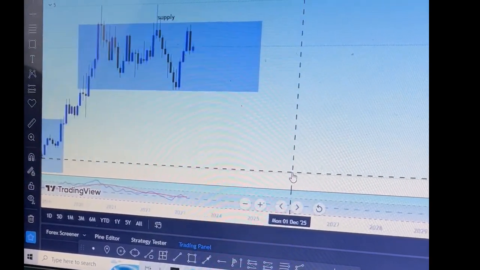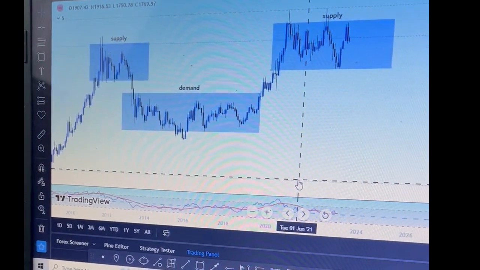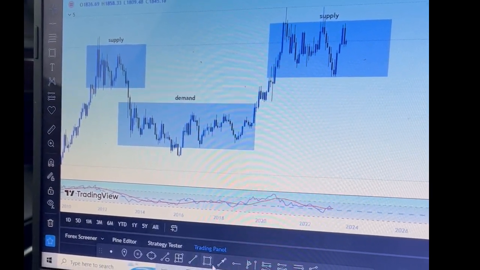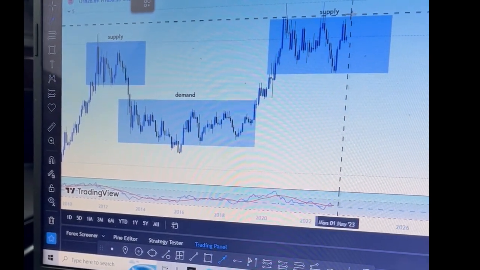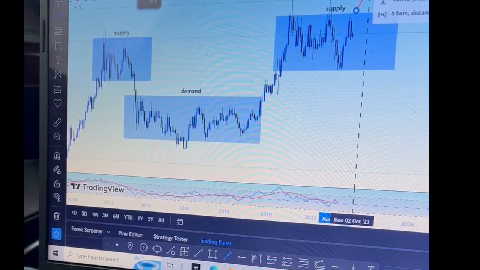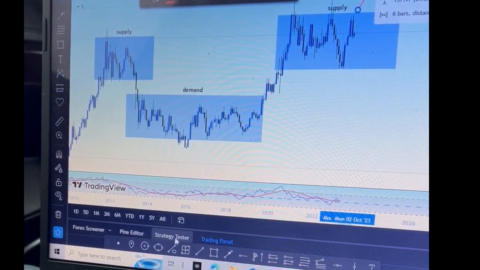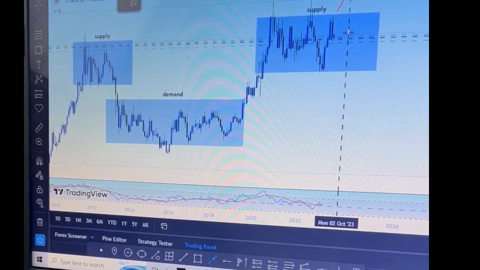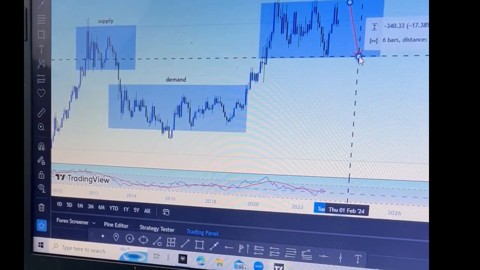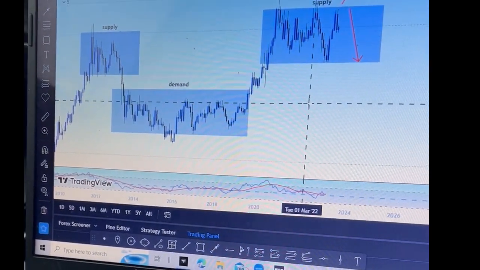So what I'm looking for is, in the next coming month, is it going to break out and go up, or is it going to stay within the supply zone and come back down to the bottom of the supply zone? That's what I look at.